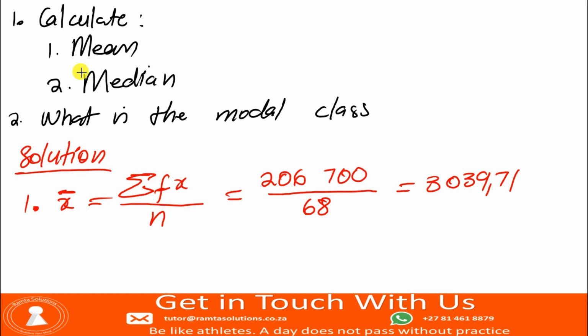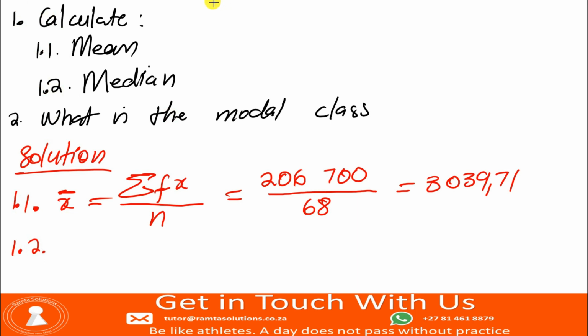This is the average distance traveled per trip. Perfect. We found the mean. Now let's find the median.